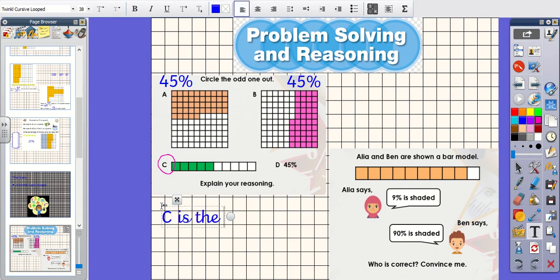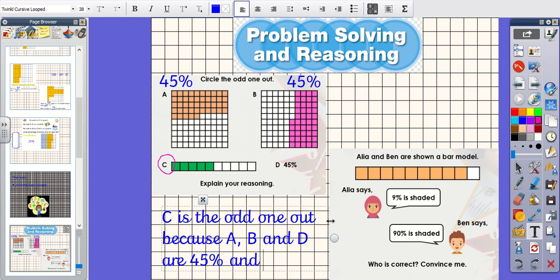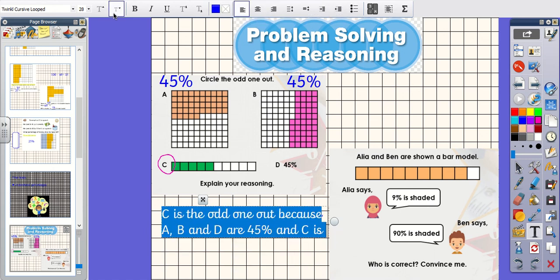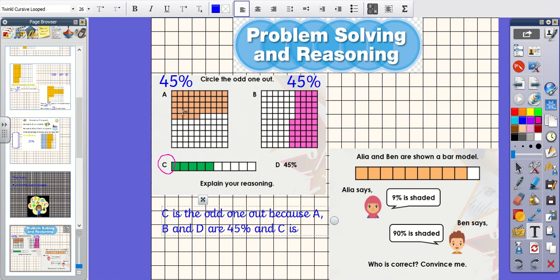So, C is the odd one out because A, B, and D are 45%, and C is, let's just make this smaller, there we go, and C is 1, 2, 3, 4, 5, showing 5/10, which is 50 out of 100 if you make your denominator 100, because remember, percentage means out of 100, which equals 50%.